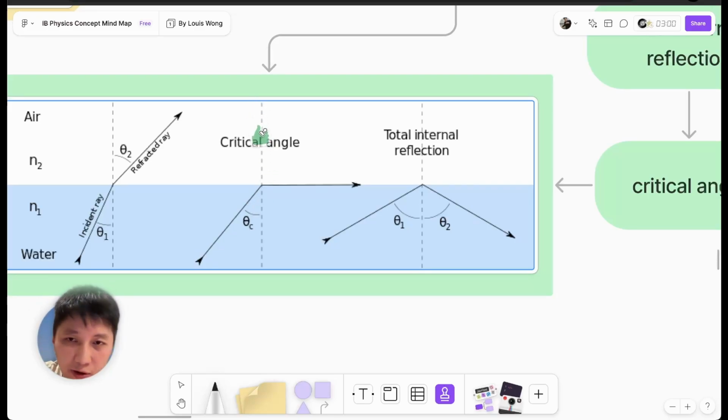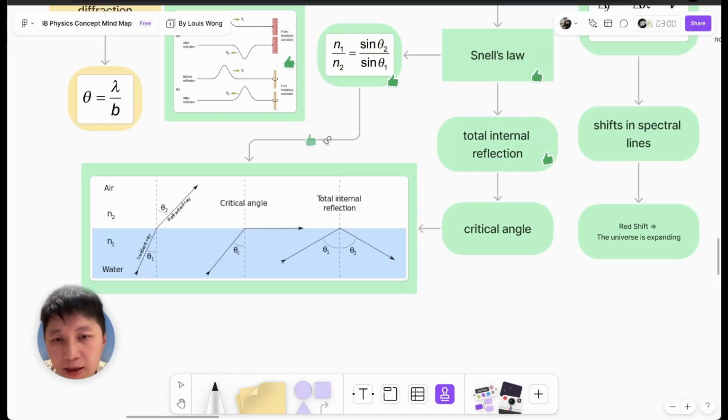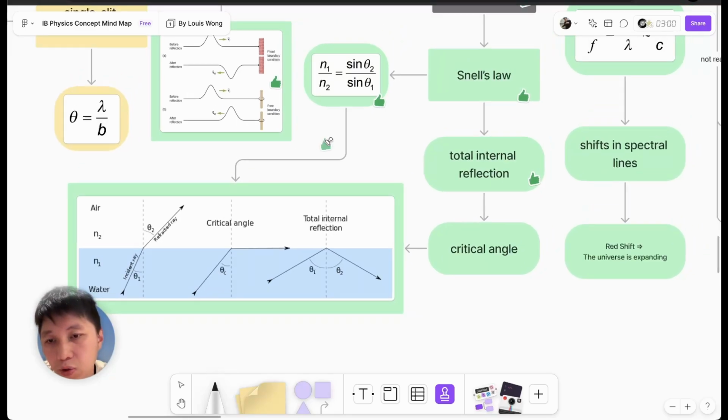This is not a proper word. The proper words should be optically dense and optically less dense, but I'm just trying to give you an idea.